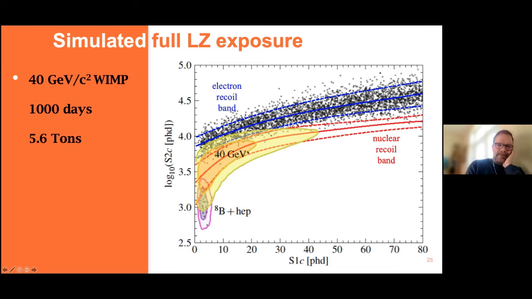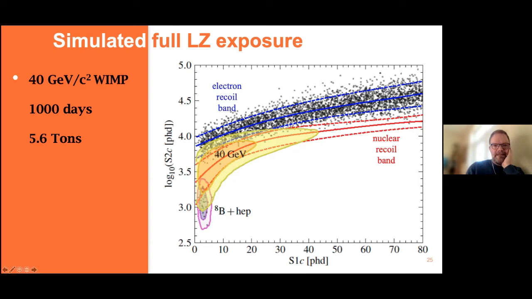So basically, this plane helps you to distinguish different types of interactions, and then hopefully later on also to say something about what kind of mass a dark matter signal has, if you see one. Depending on where a signal would show up in this plane, you could tell something about the mass of the dark matter candidate.